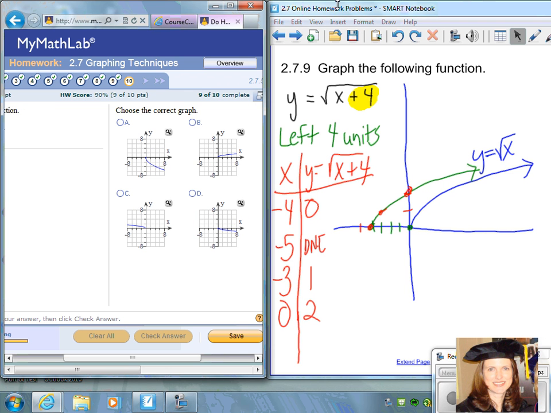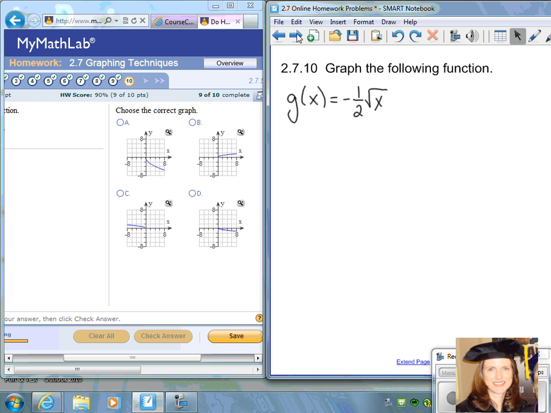Okay, now finally the last question here. We want to graph the following function, which is g of x equals -1/2 times the square root of x. Well, we take our basic square root of x graph and we transform it by putting the negative in front.